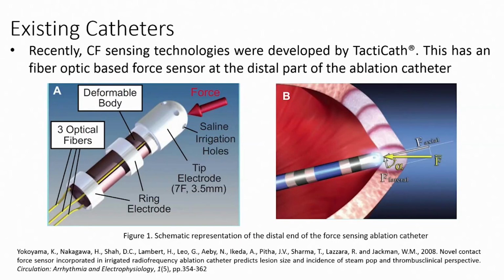Now, if that is the case, are there any existing catheters that can measure the force? There should be some existing catheters. So, there are two companies, there can be many, but what I am showing today is two companies whose catheters are used currently in treating atrial fibrillation.